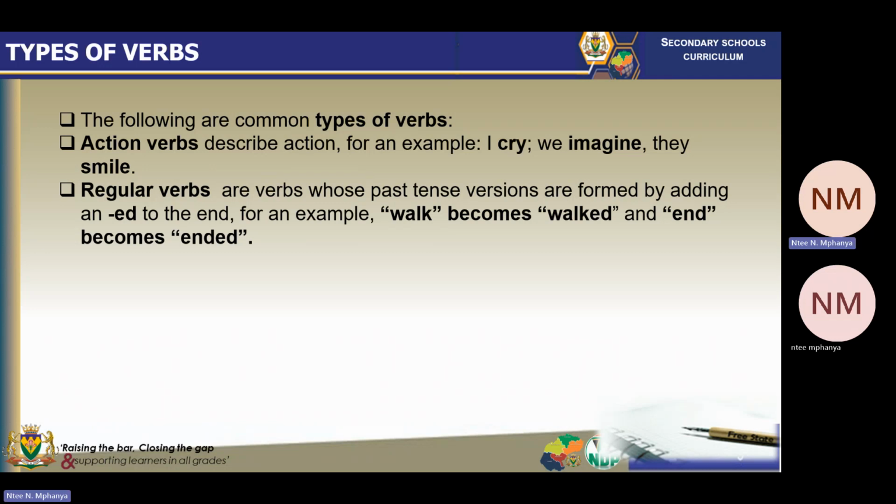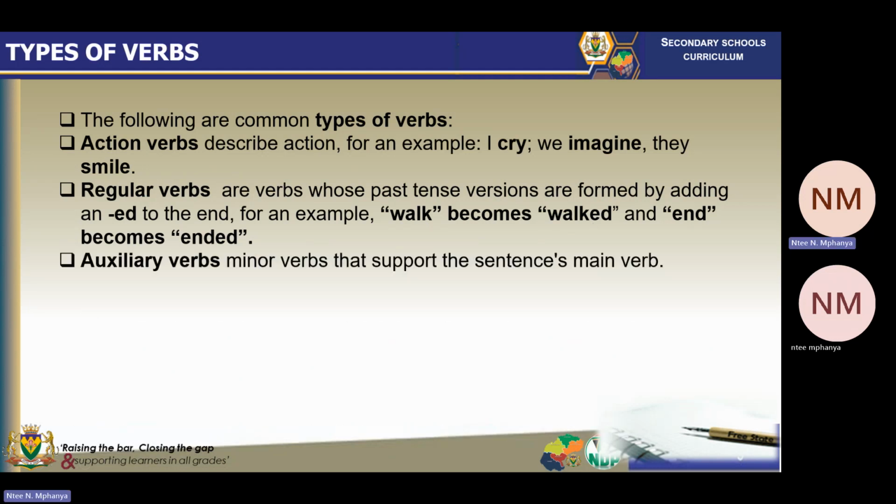For example, a verb like walk, if it is changed into past tense, becomes walked. And the verb end, if you write it in the past tense, becomes ended. Hence, their past tense versions add ed. So I hope you understand what it means by past tense versions. This is the present tense version. This is the past tense version.